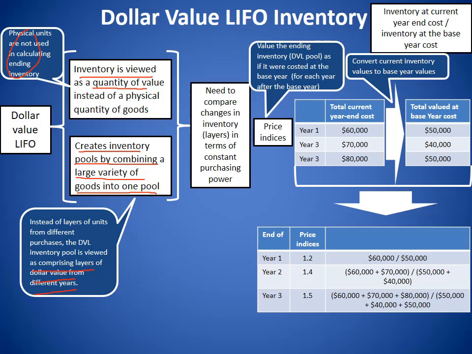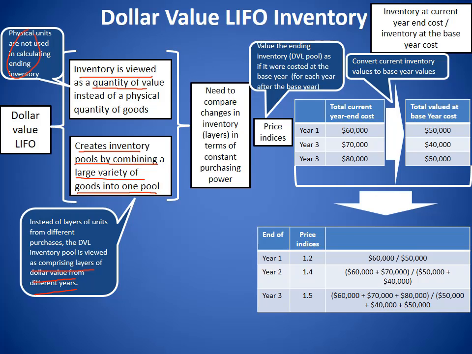Now, the one problem with dollar value LIFO is that, as you probably already know, the U.S. economy and most economies are based upon a moderate amount of inflation. If you want to know about that, go talk to an economist, because there is a reason that a small amount of inflation actually is good.